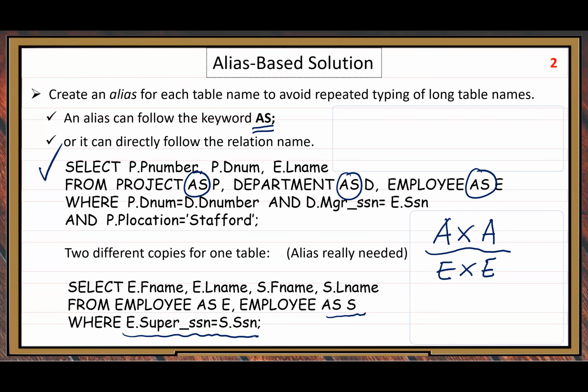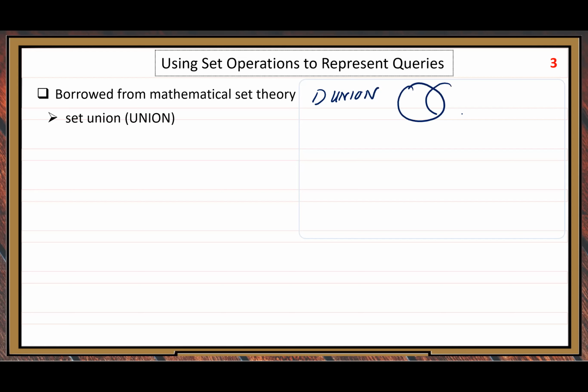The first set operation we call the set union operation. You know the meaning, right? If I draw a diagram, A union B, this part. That's the first set operation. Second, set difference.